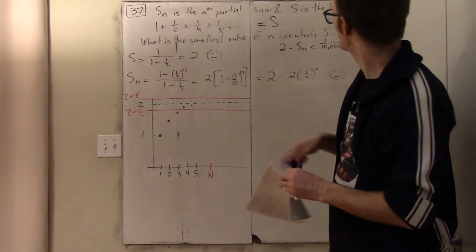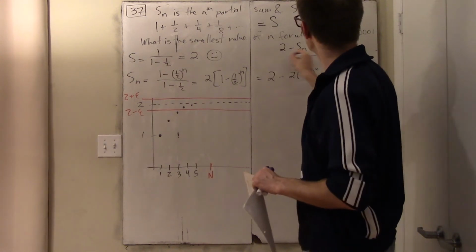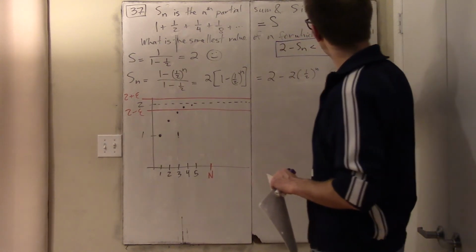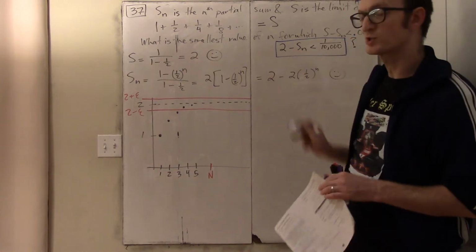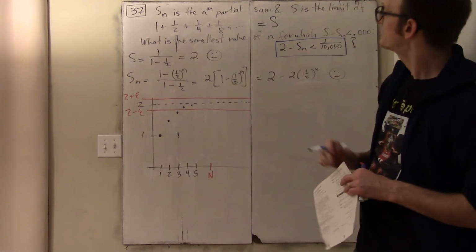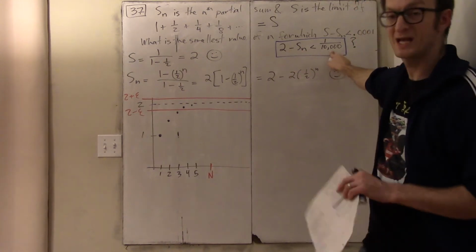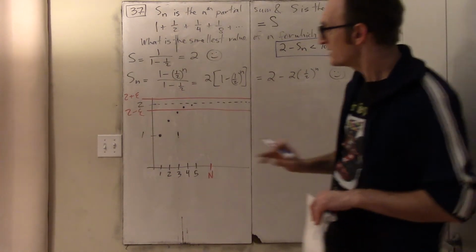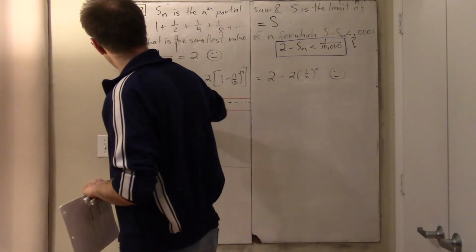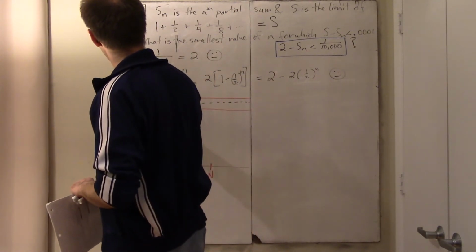So that's what's happening here, right? What they're basically saying is, how far out in the sequence of partial sums must you go for the difference between the nth partial sum and 2 to be less than 1 over 10,000, say? So in this particular case, the epsilon challenge is 1 over 10,000.